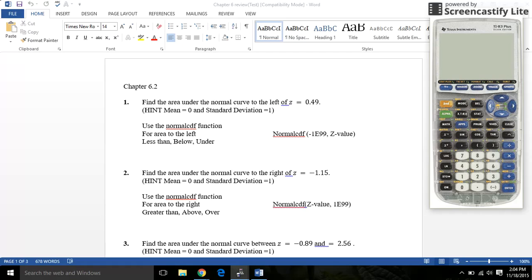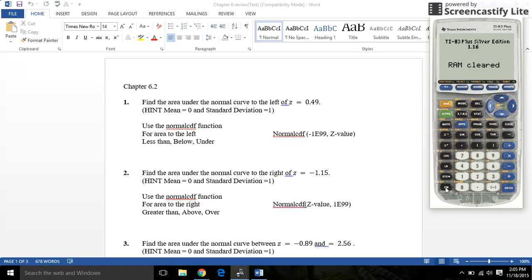For the area to the left, the area you're looking for is to the left of z. That's also described as less than, below, or under. So what you're going to put in your calculator is normal CDF, -1 second 99 (negative infinity), comma, z value.